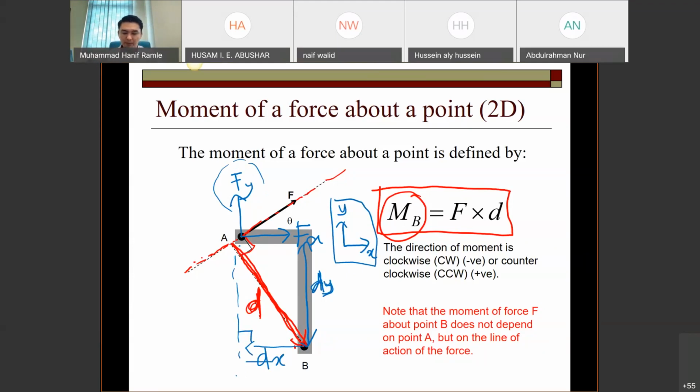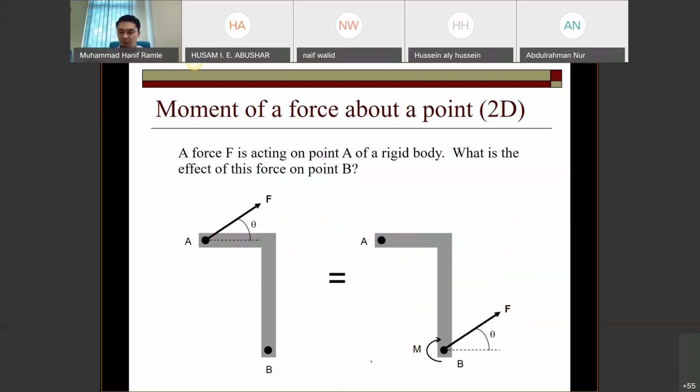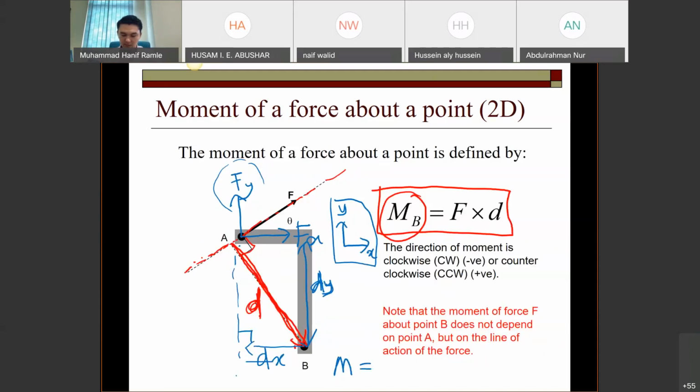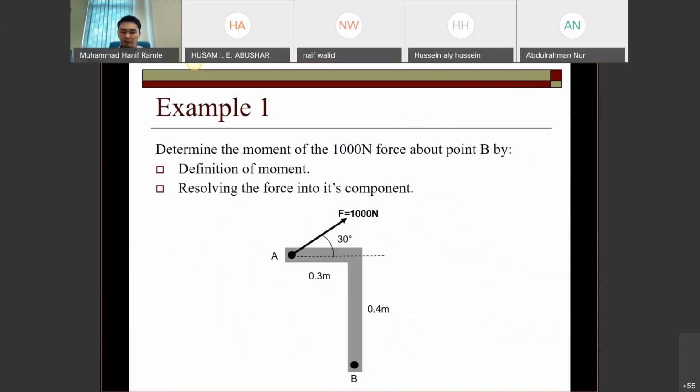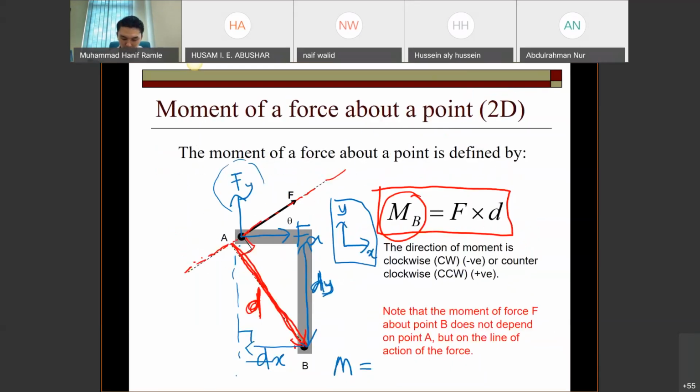If you have these two components, following Varignon's theorem, the moment should be the summation of the moments of the force components about that point. So the moment about this point should be Fx times dy plus Fy times dx. This is the meaning of Varignon's theorem.